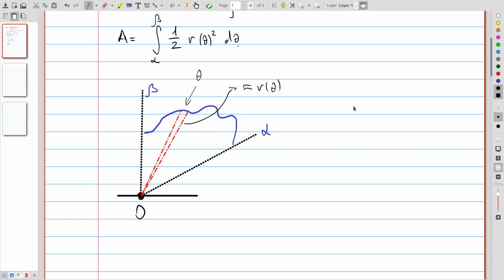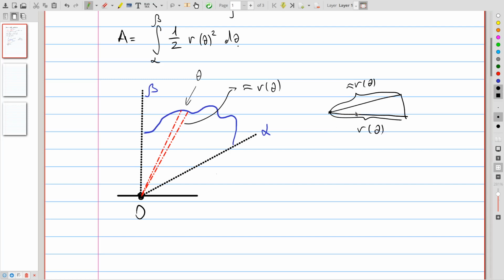So we have a very thin, long triangle, like so. This is approximately r of theta. This is also approximately r of theta.